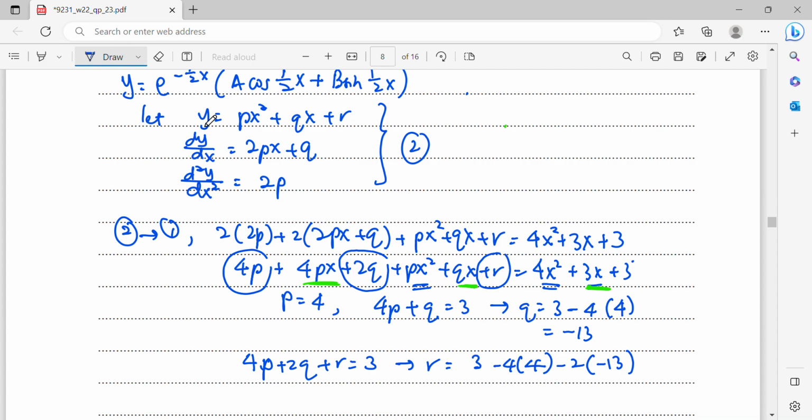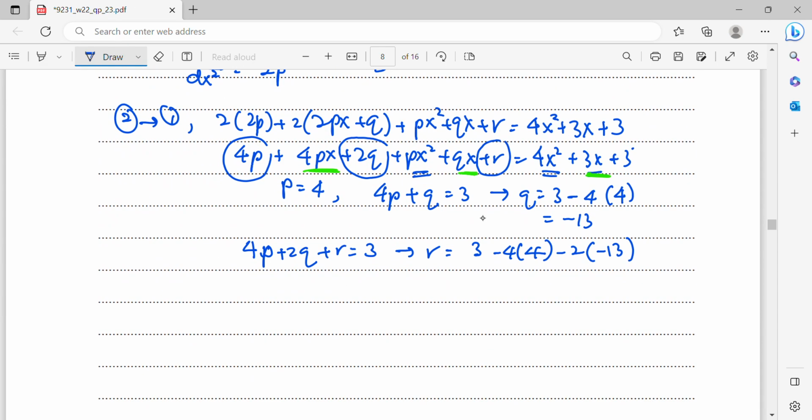So you will get 3 minus 16, here is minus, plus 26. So 26 minus 16 is 10, 10 plus 3 is 13. So you found the r.